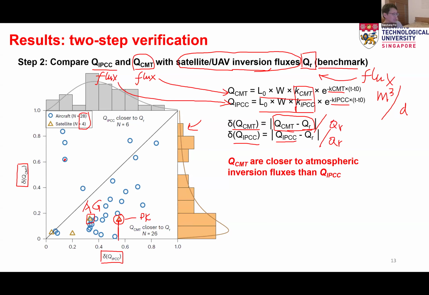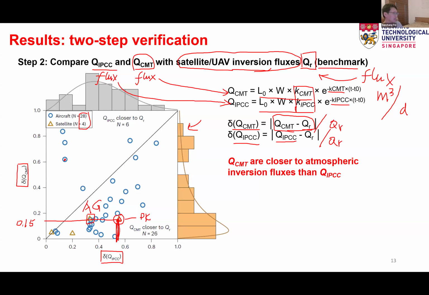Then IPCC's estimation compared with real measurement, the error is around 50%, a bit more than 50%, right? If we use our improved approach to estimate methane emission from this site compared with satellite data, there is still an error, but much lower, right? You can see around 15%, 0.15.